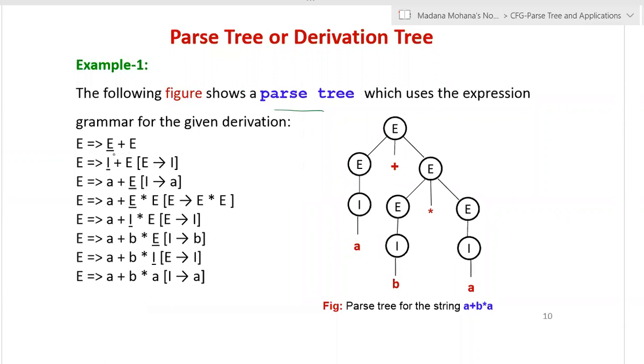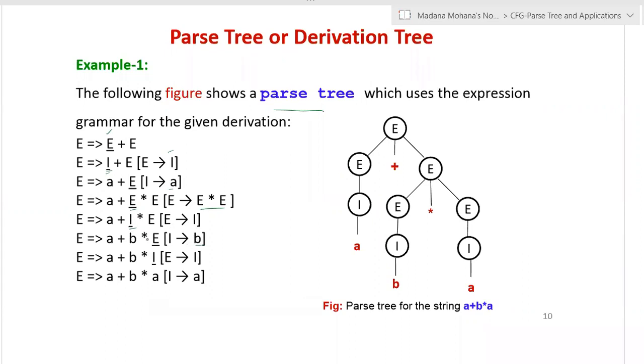Here we used E derives E plus E. First the left hand side variable is replaced. Then E is replaced by I. Then the leftmost variable I is replaced by a. Now a plus E. Now E is replaced by E into E. Again two variables, so the leftmost variable is replaced here by I. Then again I into E, two variables. Now the leftmost variable I is replaced by a terminal b.